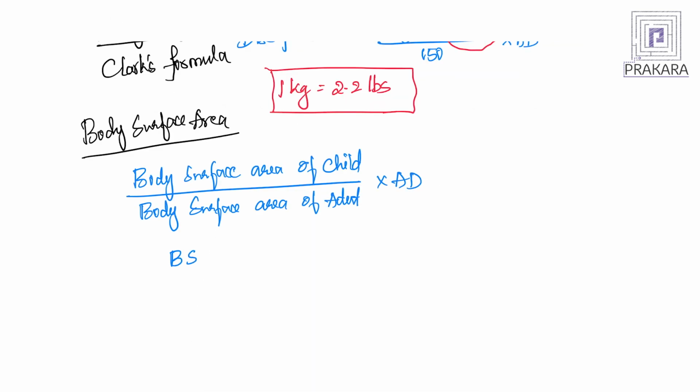But commonly we know that the body surface area of any adult is 1.73 square meters. So body surface area of child divided by 1.73 into adult dose gives the calculation of dose of any child.